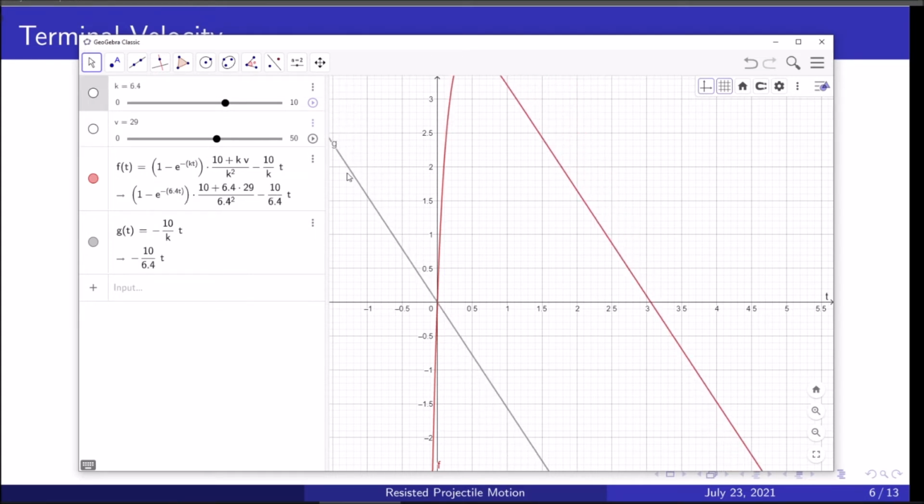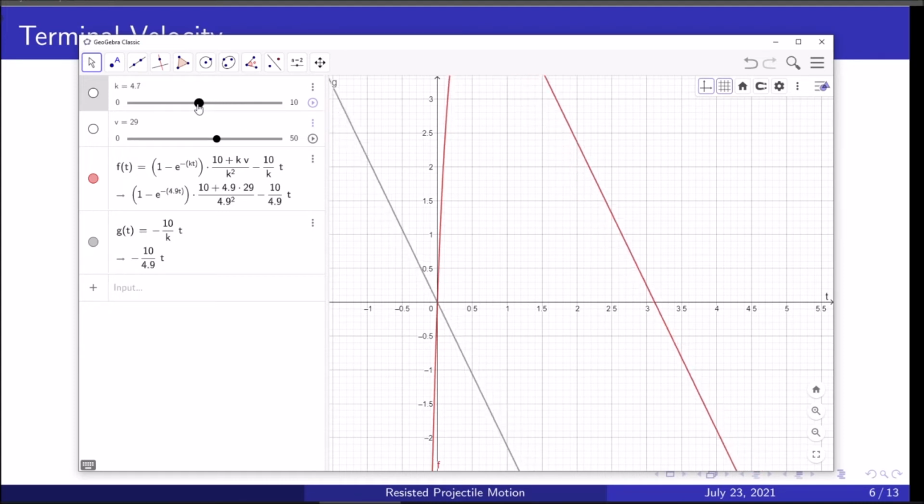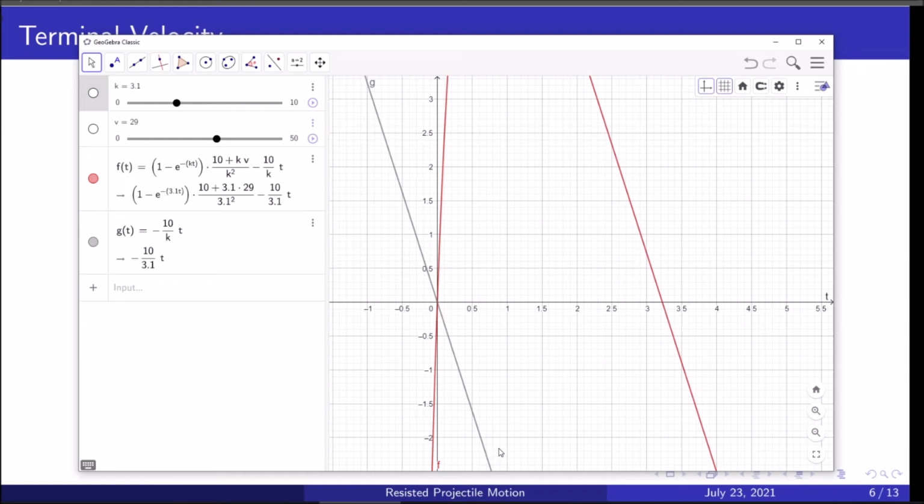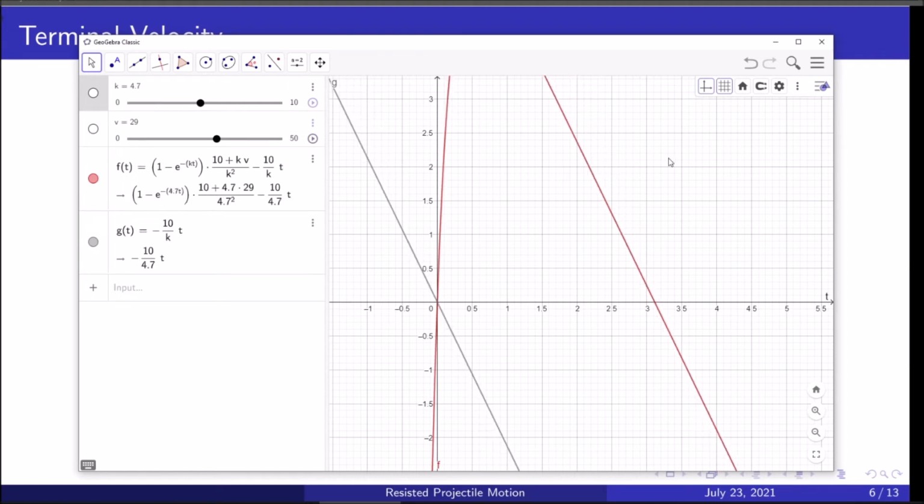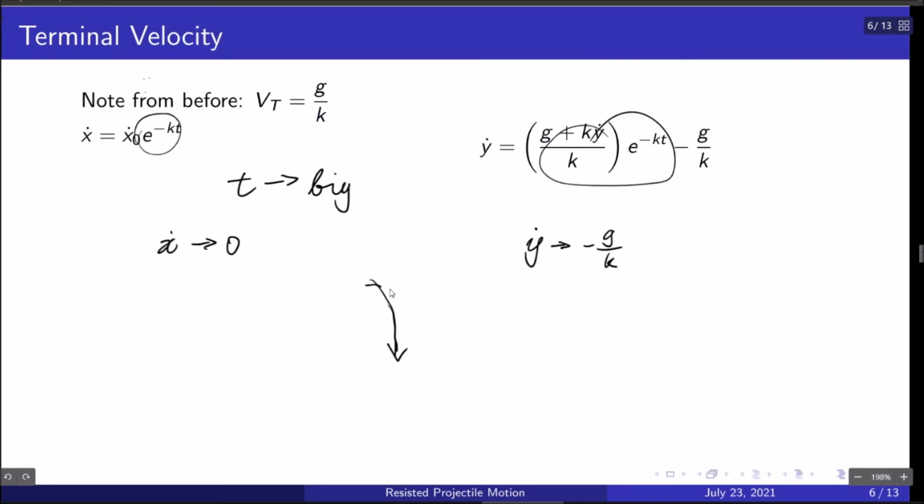So that's the idea: vertical velocity, as it approaches the end, if the time of flight is long enough, gets closer and closer to the theoretical terminal velocity. That's one of the properties of resisted projectile motion. As I mentioned earlier, horizontal velocity will approach 0 and the vertical velocity approaches the terminal velocity.